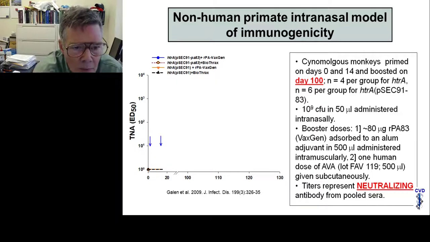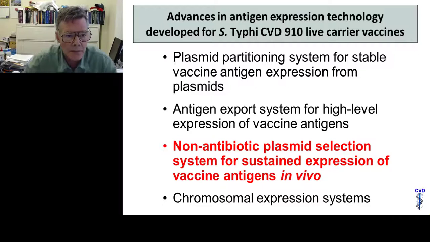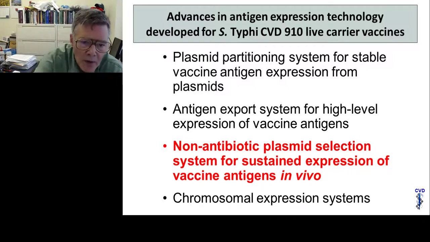But if you look at the blue curve here, that's the antibody response against extracellularly surface expressed PA83. So again, this slide demonstrates in a non-human primate model that surface expressed proteins are more immunogenic than cytoplasmically expressed proteins.